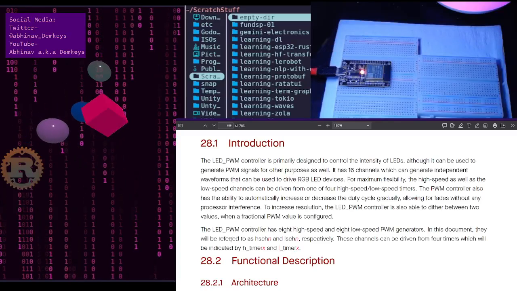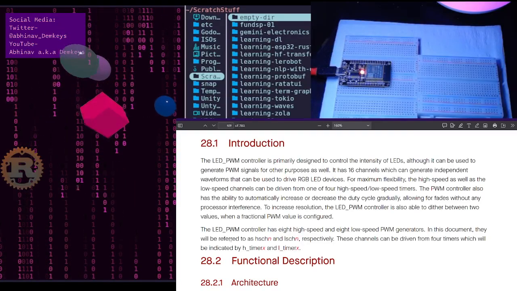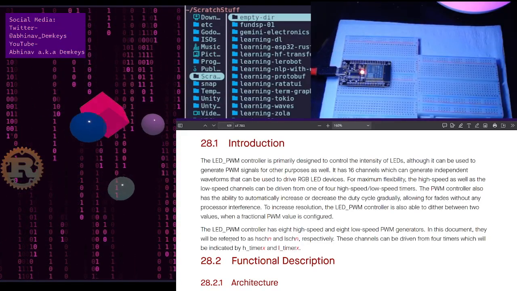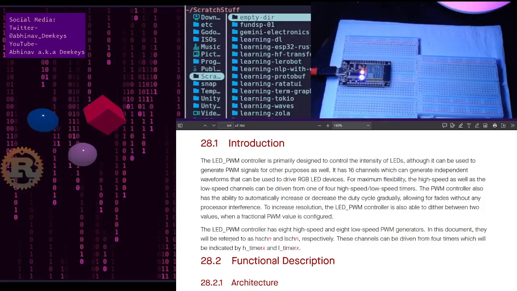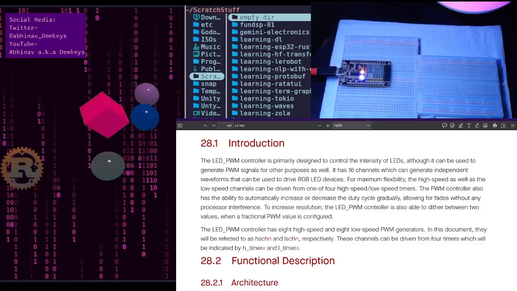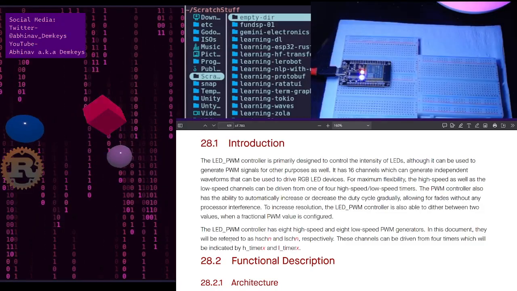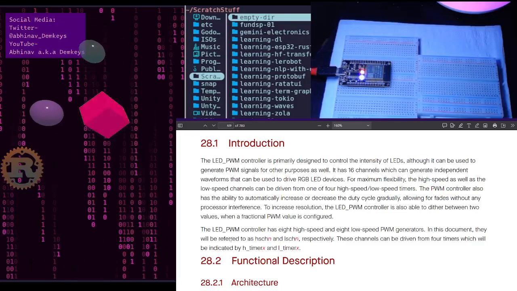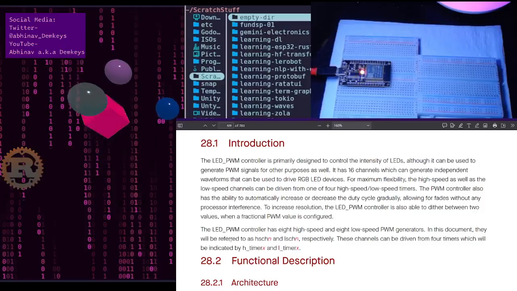To increase resolution, the LED_PWM controller is also able to dither between two values when a fractional PWM value is configured. I haven't fully understood that part. I'll explore that a little bit later.